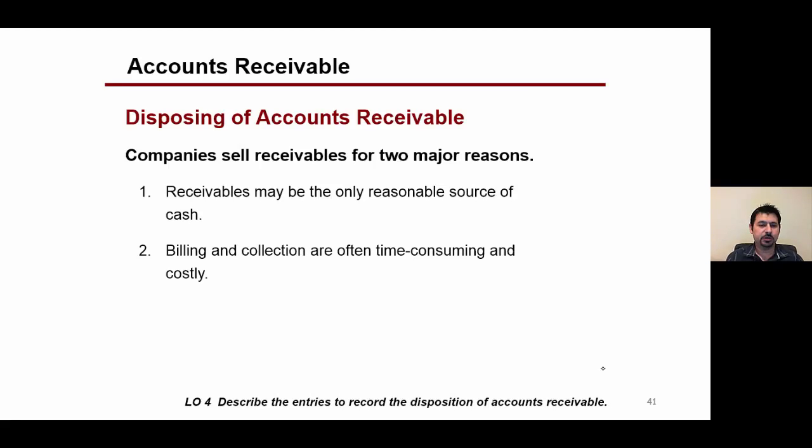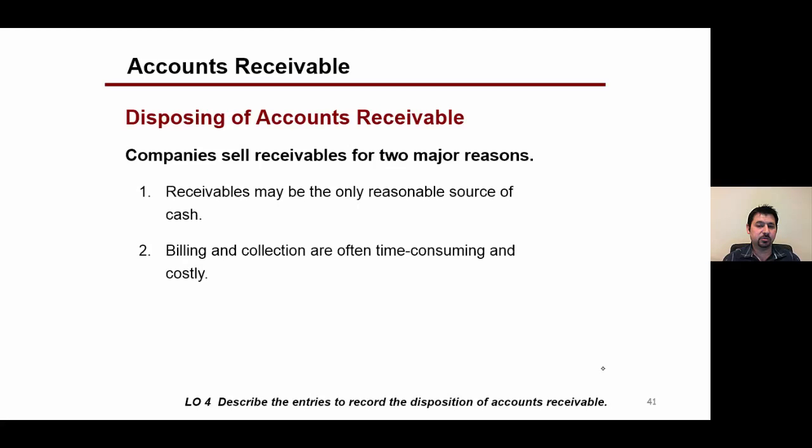Now, the third part that we need to be concerned about with regards to accounts receivable is disposing of accounts receivable. Basically, this is selling the accounts receivable, and companies might do that, for example, when they need to raise some cash, or if the collecting and billing become too cumbersome, too time consuming and costly.